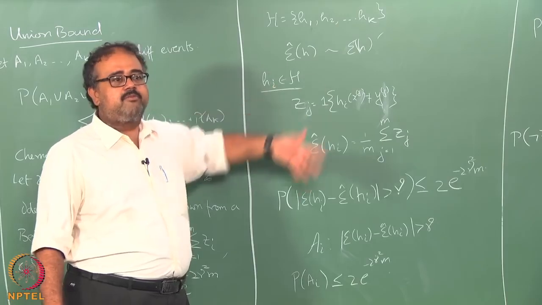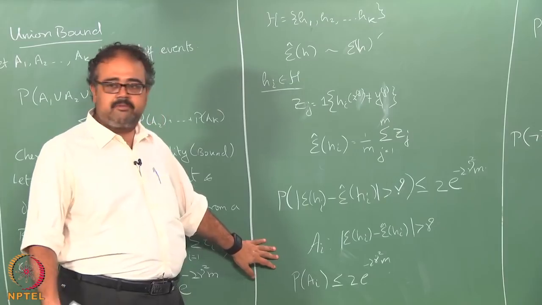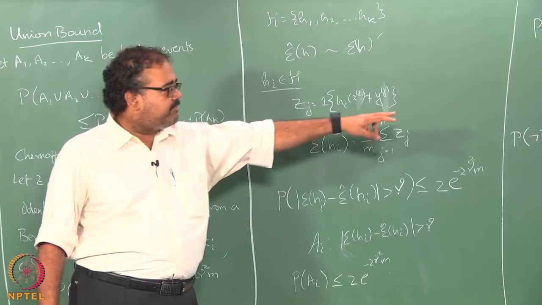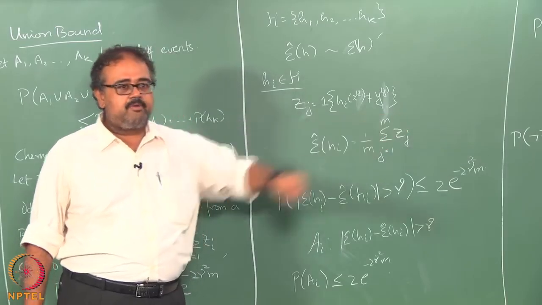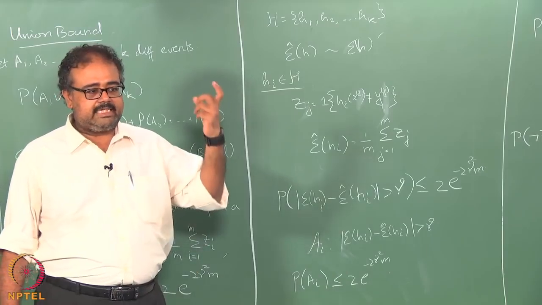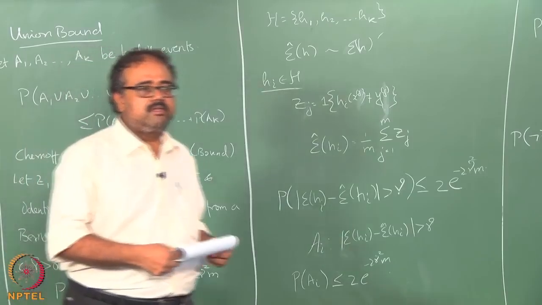This is a uniform result because it holds for everything, while the earlier one was for a specific hypothesis. The bound 1 minus 2k e power minus 2 gamma squared m is for all hypotheses in this hypothesis class.